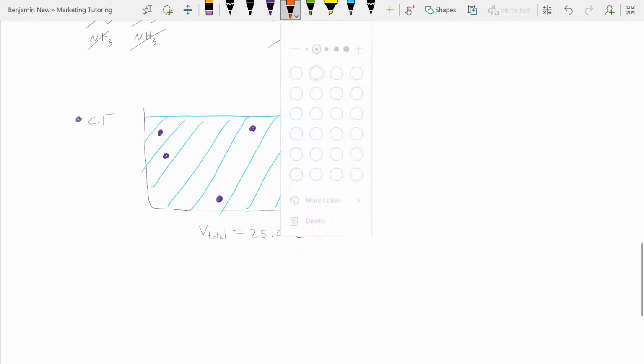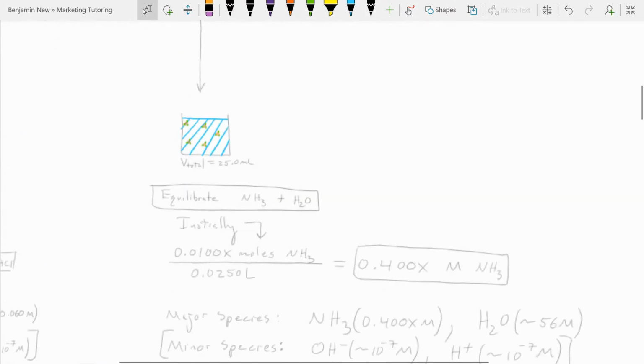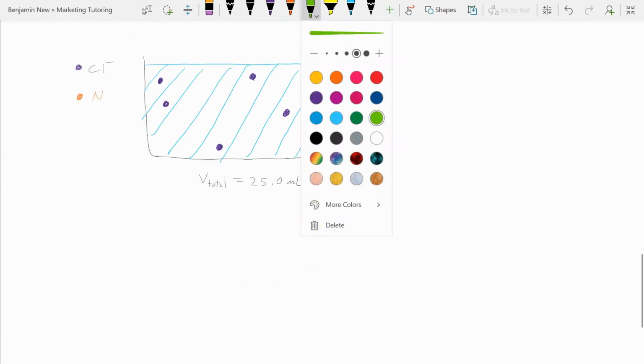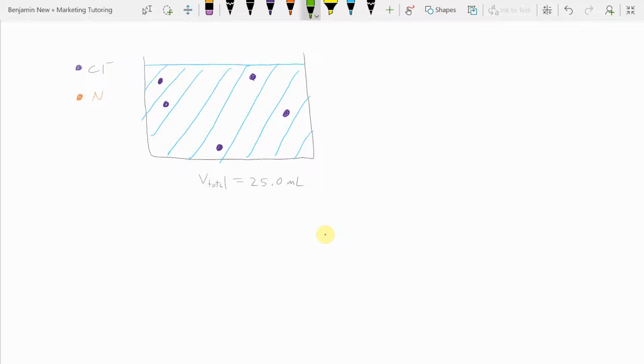And we also have orange, which represents the nitrogen atom, and green, which represents the hydrogen. So we can draw N and then H, H, H. We can draw these by copy pasting here, and we'll put 5 of them as well.